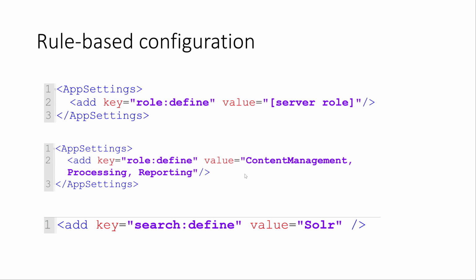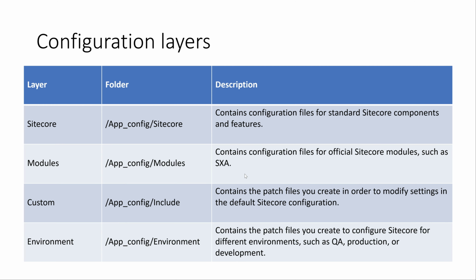Next, we have seen the big configuration files in showconfig.aspx, right? So where do these configurations come from, and what are the layers? Briefly, these layers are very useful to manage things easily, and for upgrade purposes as well. A few things are Sitecore-owned files, and a few are our custom configuration files.